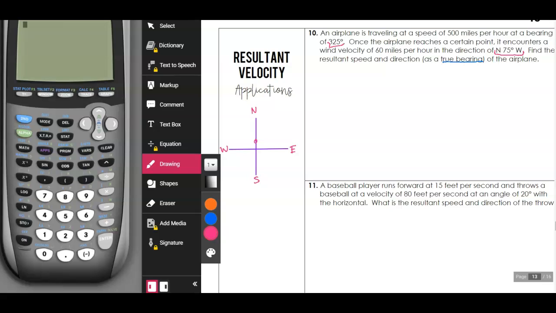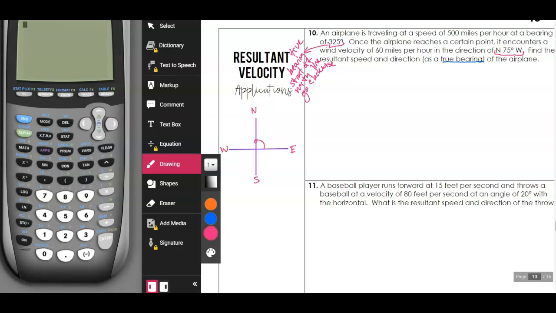True bearings start at the north line and go clockwise.